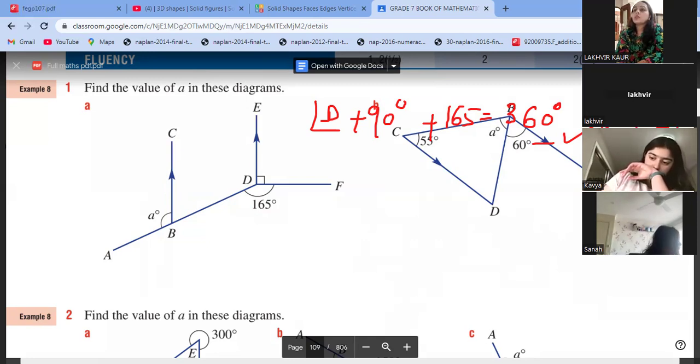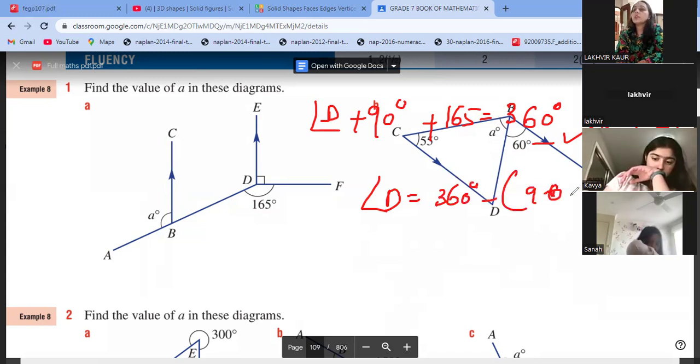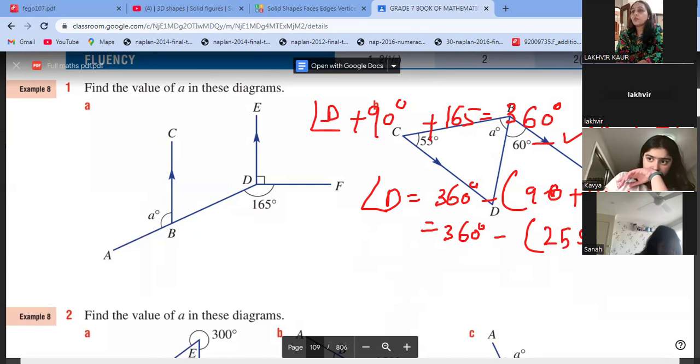Okay. So if they are forming one complete angle, their sum must be equal to 360 degree. Then D will be equal to 360 degree minus 90 plus 165 degree. Now 360 minus 255 subtracted will be 105.